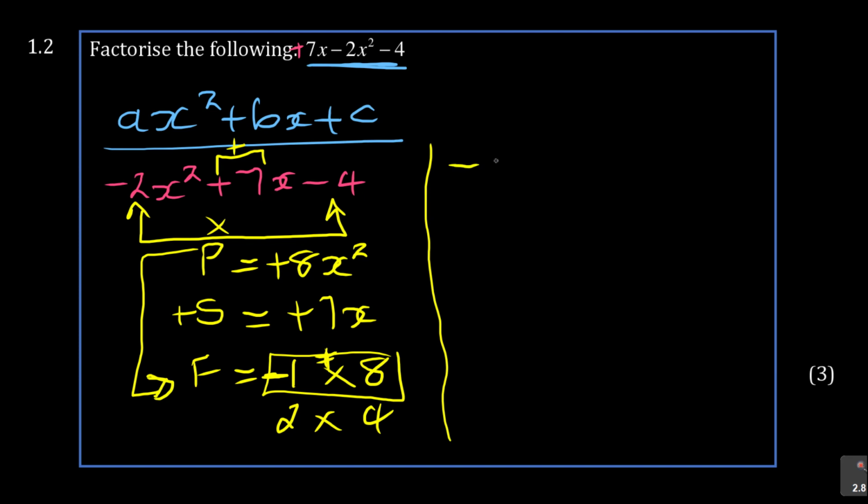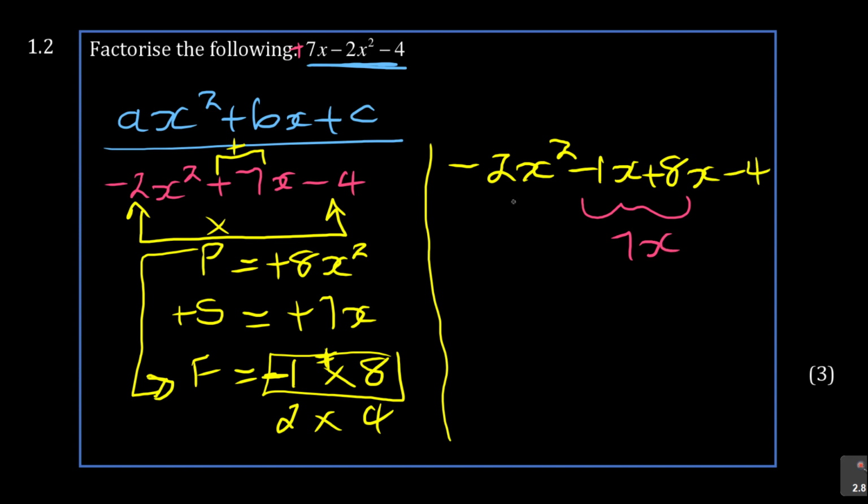So when I write it, it will be minus 2x squared, and where there is 7x, I can write minus 1x plus 8x. See that? This is my 7x. And after that, I've got minus 4. Then you look at factorization by grouping, as I said.